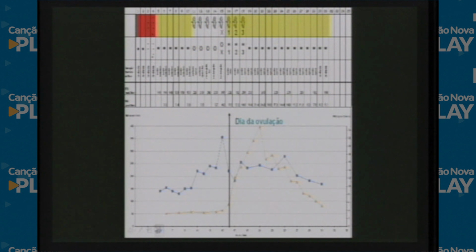And because we've had hormones taken by Professor Brown every day for this cycle, we can see the actual day of ovulation.